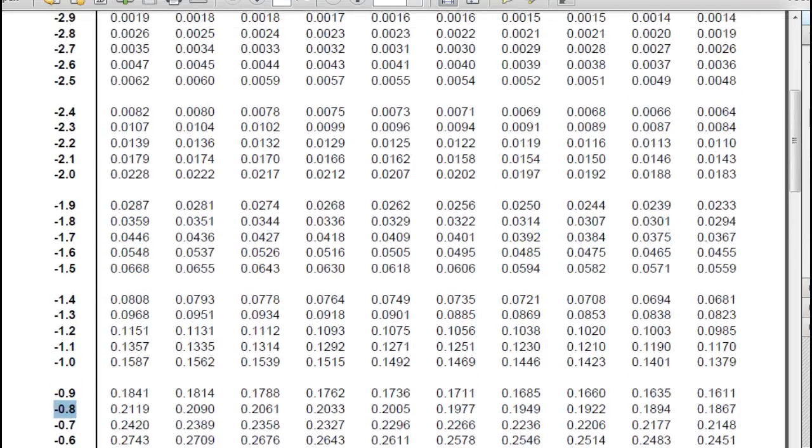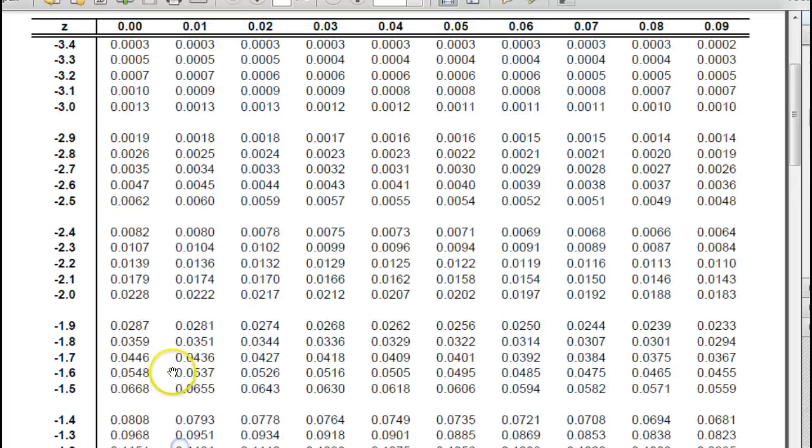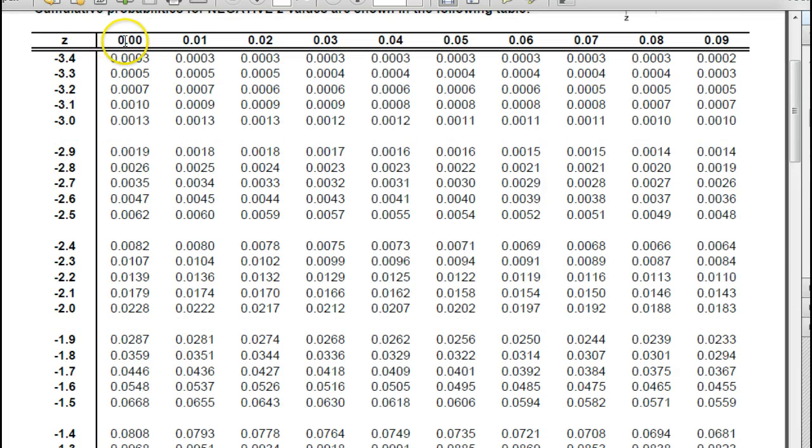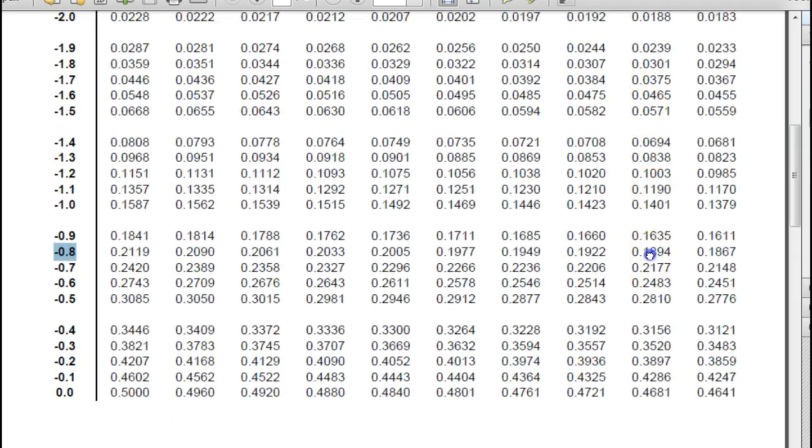So glancing at the very top here, this first column would be negative 0.80. And then this would be negative 0.81, and then 0.82, 0.83, and so on, all the way down to this column. The second to the last column would be 0.88. So just remember that, second to last column.